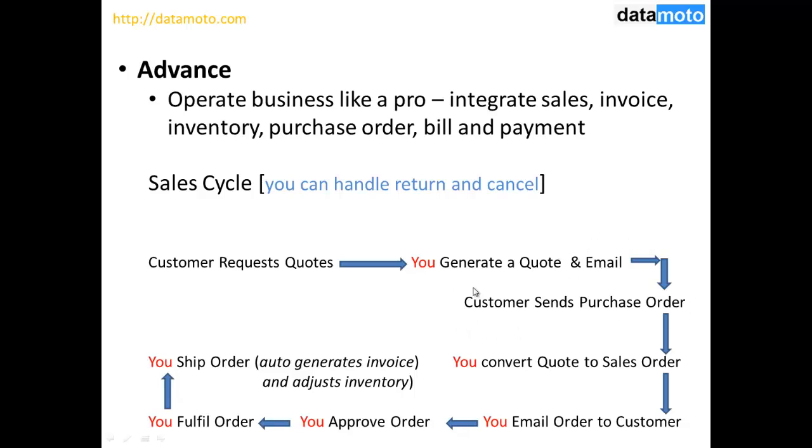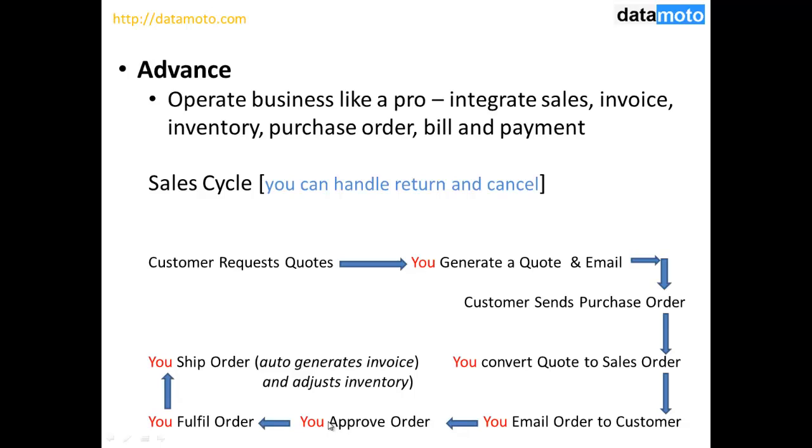This order may be a PDF document, it could be an email, however the customer gives you the order of the real purchase order. Then you can convert your code to sales order. The code that initially you give to customer, then you convert that to a sales order. Then you mail your order to customer or let customer know the things are started.